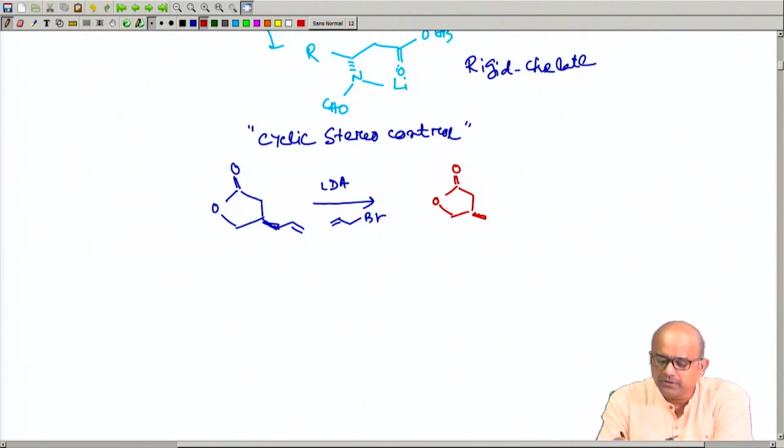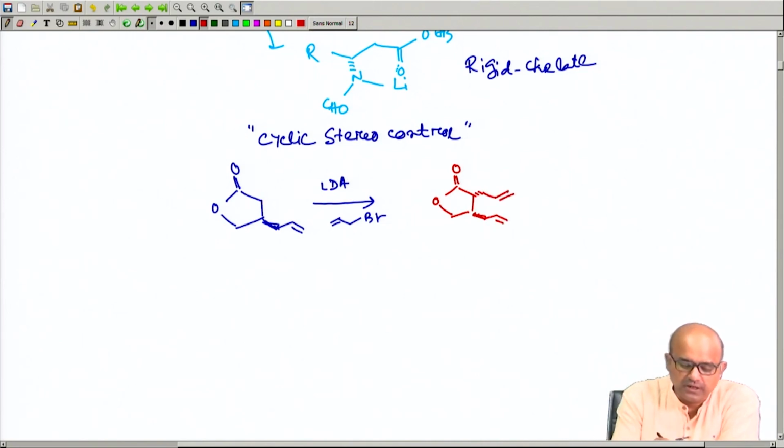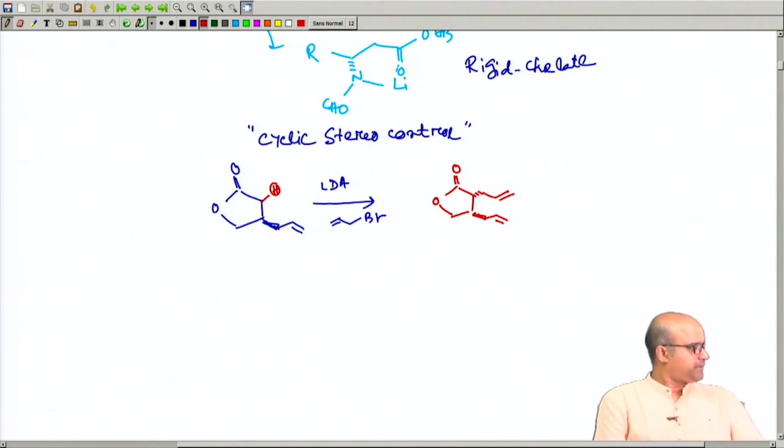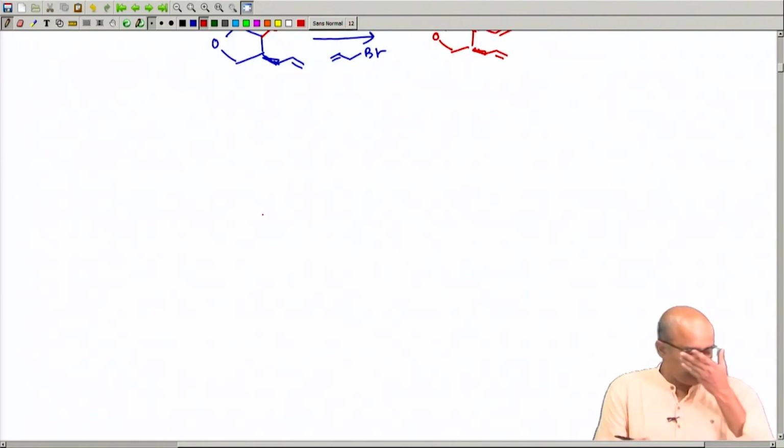So, this is the beta one. In this case it will be the alpha one, because here you will be abstracting this hydrogen to generate the enolate, and cyclic stereocontrol is much easier to predict than the acyclic one, because a cyclic system has a well-defined conformational bias.